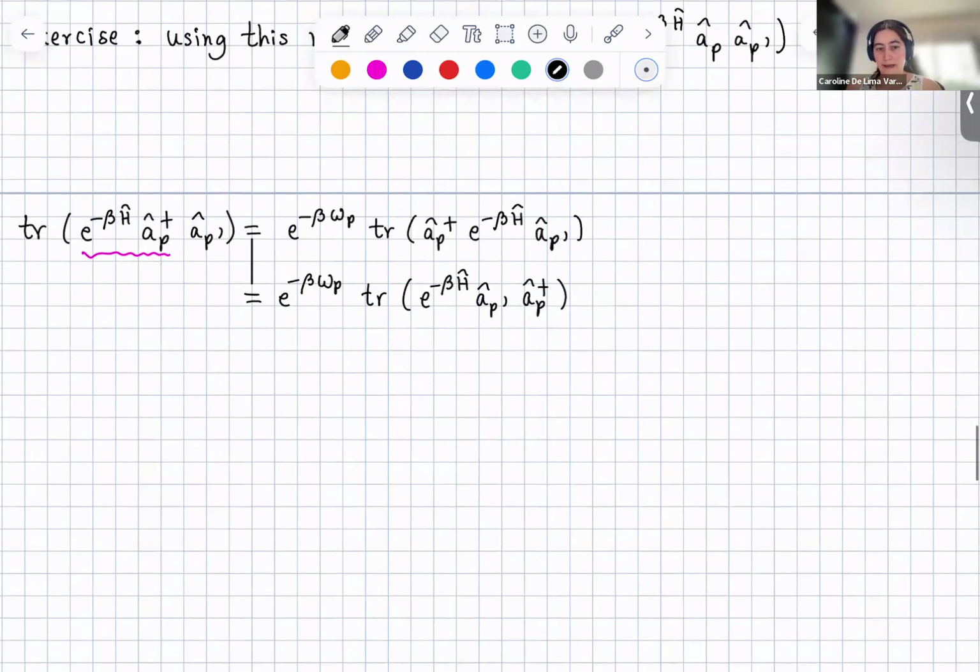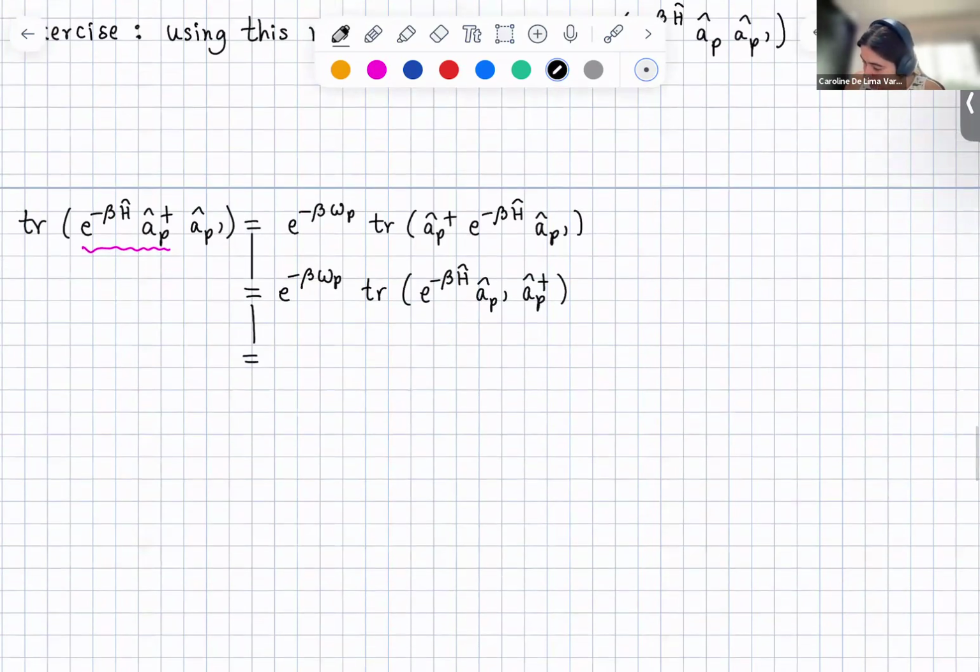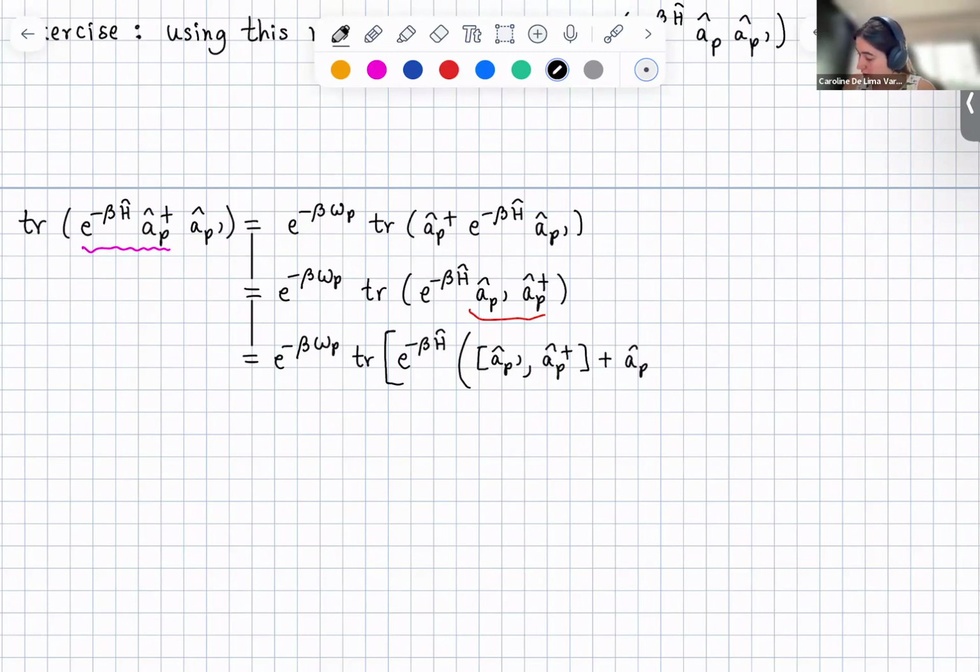Okay, and what I'm going to do here is write this a_p' a_p dagger as the commutator between a_p' and a_p dagger, and then add back what I removed, which is a_p dagger a_p'.